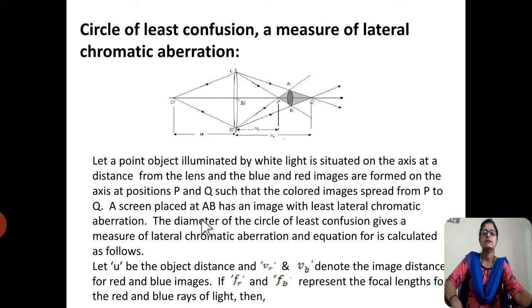Here a screen is placed at AB, which has an image with the least lateral chromatic aberration.